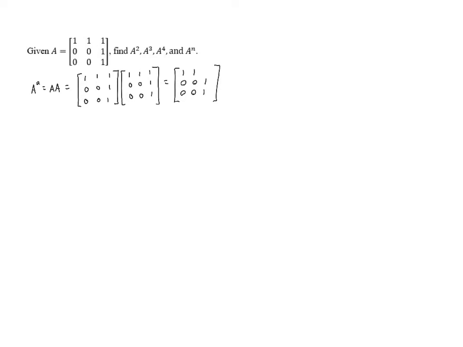The only entry where we're going to get something else is going to be the one in the upper right corner. So let's take a look at the inner product that gives us this. It's going to be the first row and the third column.